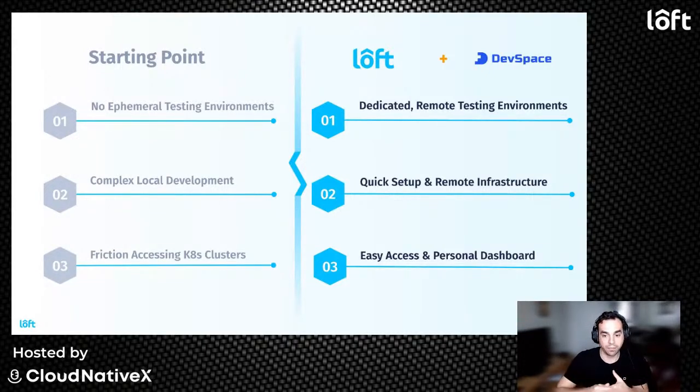So if I have a DevSpace deployment in a namespace called Rob's DevSpace environment, I could log into the Loft dashboard, filter by Rob's DevSpace environment, and see the status of the pods running in that environment, their behaviors, and the logs associated with it.